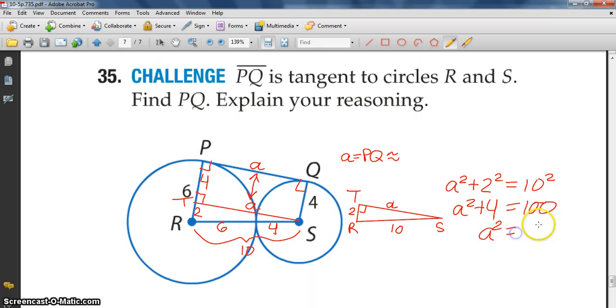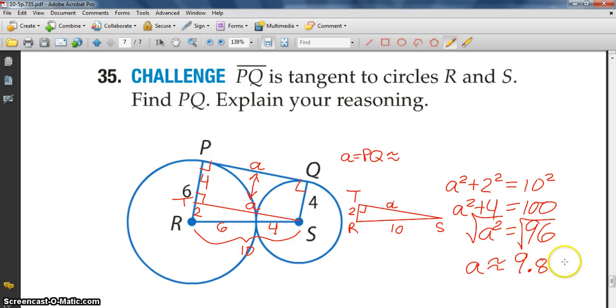and subtracting 4 from both sides, and taking the square root of both sides, we get that A is approximately 9.8.